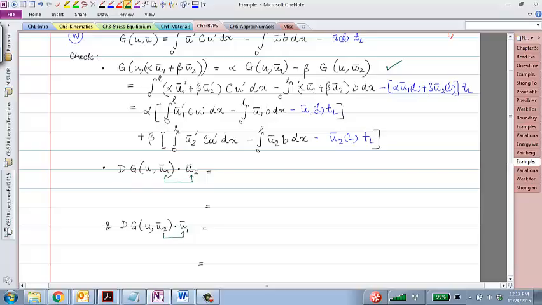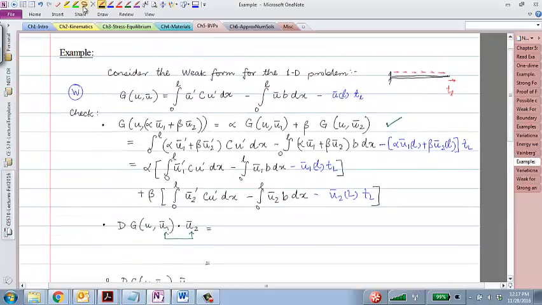Second, the second condition was that the directional derivative has to be symmetric in the second argument. Let's see if that works. So all we'll do is write this expression, and anywhere that u bar occurs, we will replace that with u plus epsilon u2 bar.